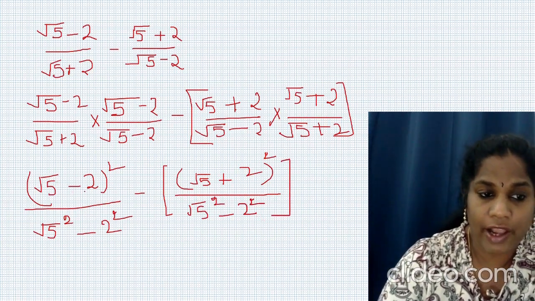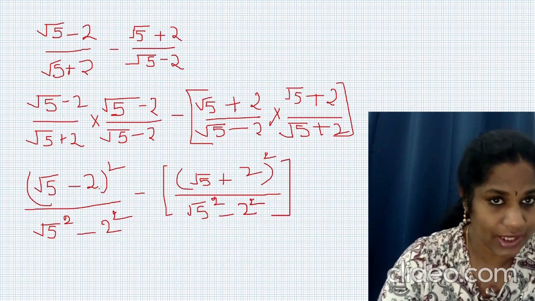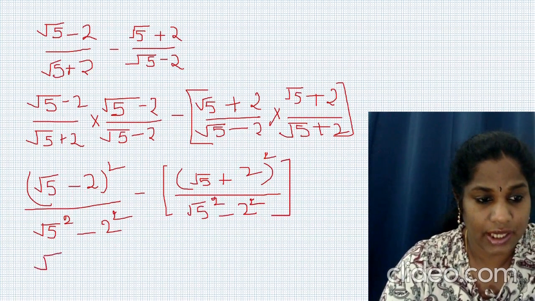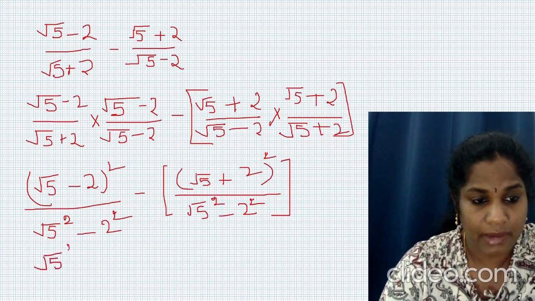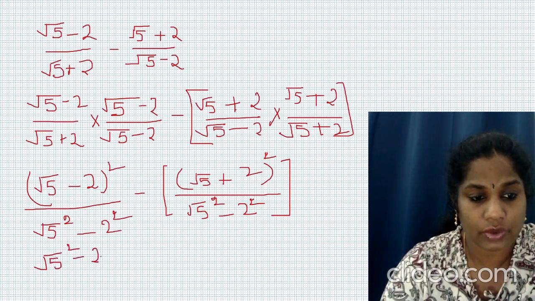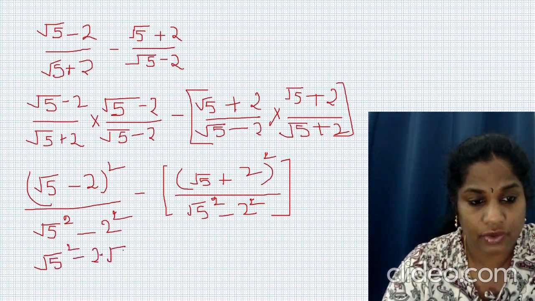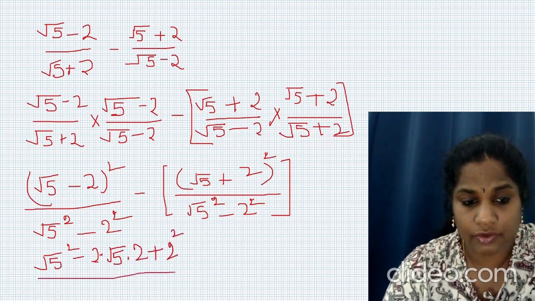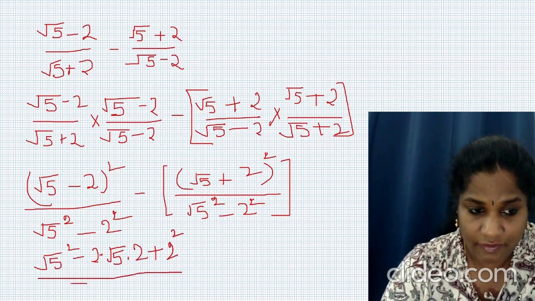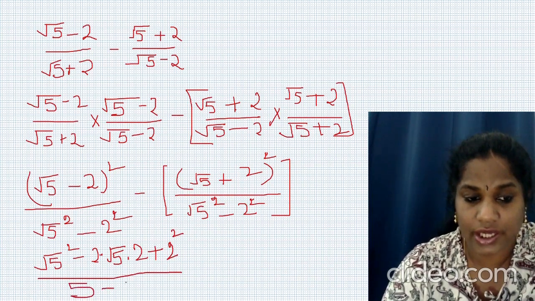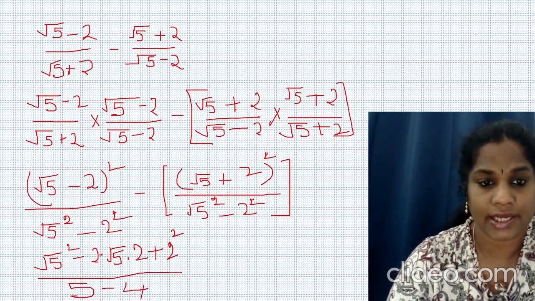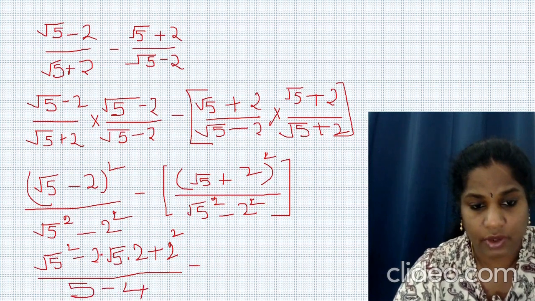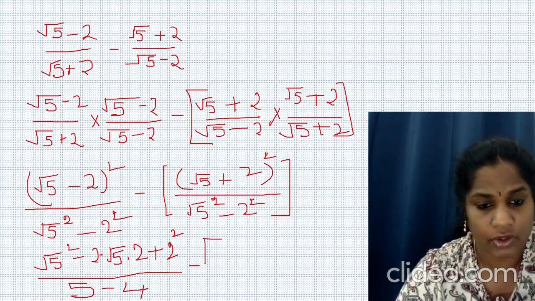Now (√5 − 2) whole square, what is it? It is going to be a² − 2ab + b². What is a? Under root 5. And what is b? It is 2. So (√5)² is 5, and 2 square is 4. Correct? Now what will happen to this side? I'm going to keep it in the bracket.